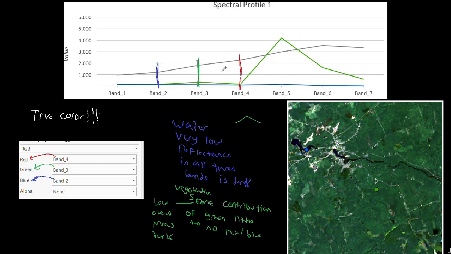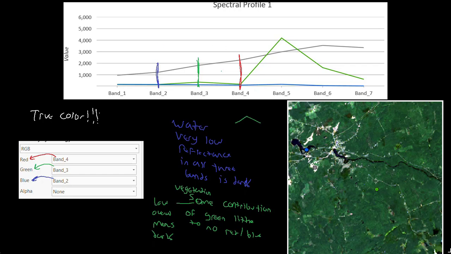And when you get roughly equal contributions, you end up with some shade of gray. And again, we're not talking about display values here. When you talk about display values, these would actually be pretty high. So it's going to be a fairly bright gray or white, which is why it looks that color.